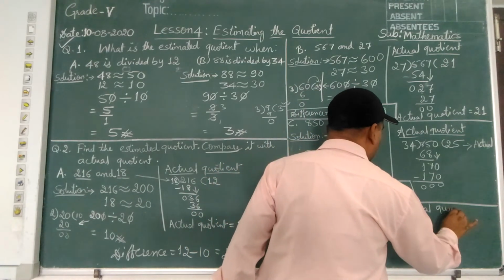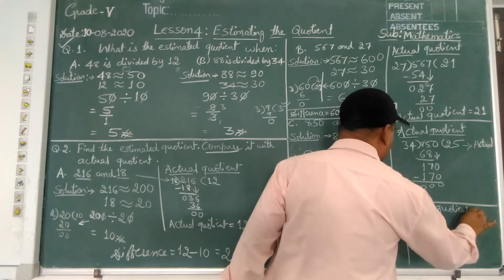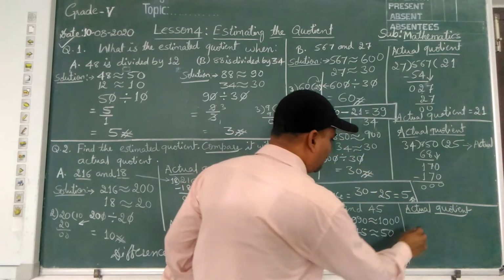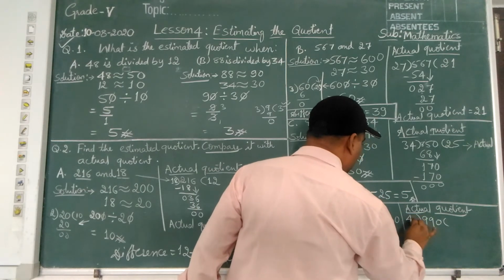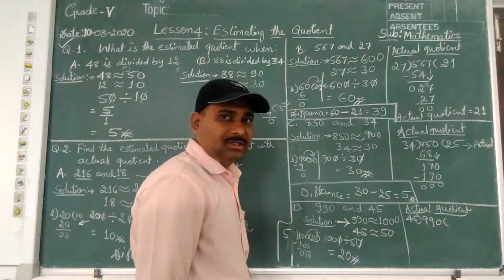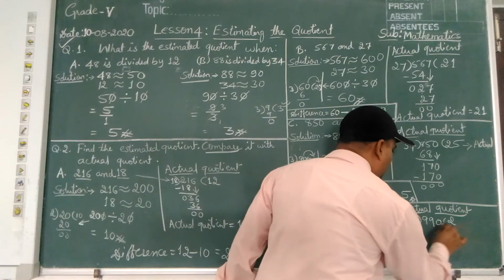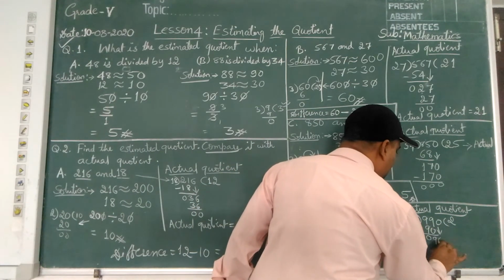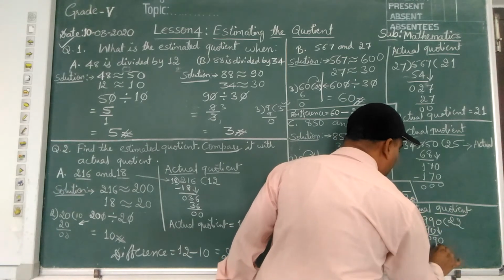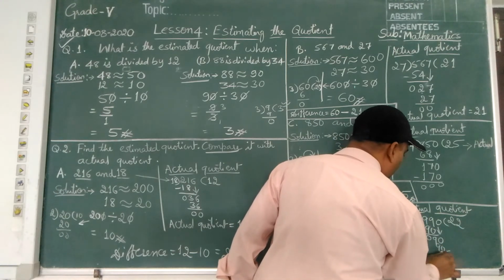Find the actual quotient. Actual quotient, how? 990 divided by 45. 45 twos are 90. 9 remains, take 0. Again 45 twos are 90.